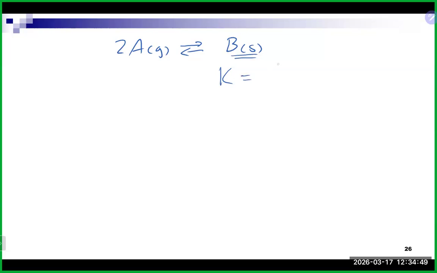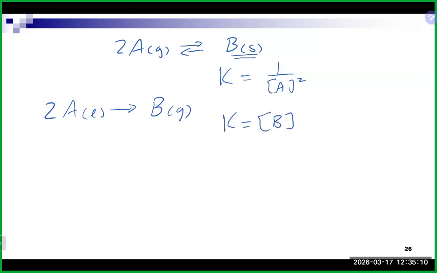So in this case, we would go 1 over our reactants. Just like if you had a reaction where maybe it was something like this. Here, if we were going to write the expression, it would just be our products, since we would have no reactants. So you sometimes can get a situation where one side or the other may not be included in the expression, and that's okay.